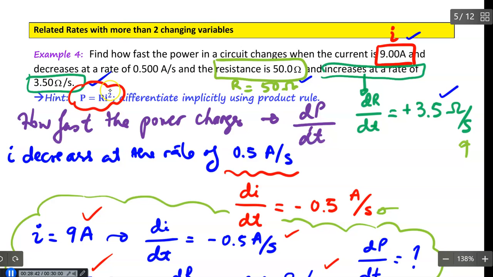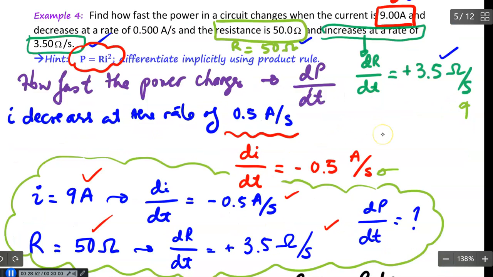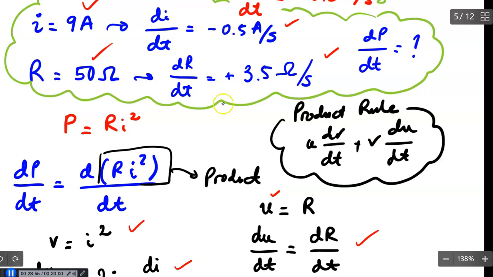So we use this formula to figure out our derivative of P as a function of time. This is the unknown that they ask us to find. We are not going to substitute any values here because we don't have a fixed value to substitute. So we just have to differentiate this equation in terms of time.